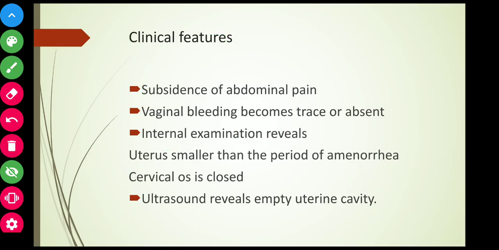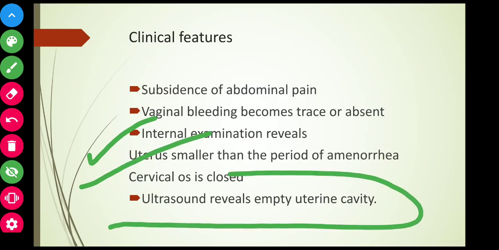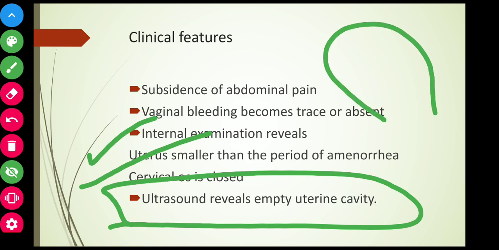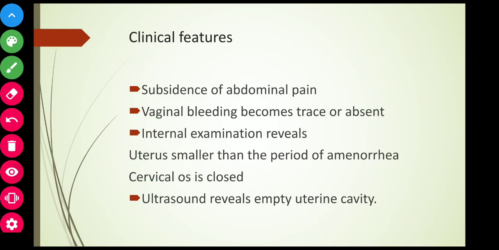So in complete abortion, the uterus is smaller than the period of amenorrhea and the cervical os is closed. Then ultrasound reveals an empty uterine cavity. Nothing is there in the cavity, no conceptual material, no fetus. So these are the clinical features.